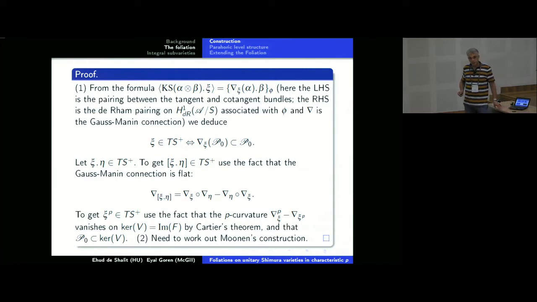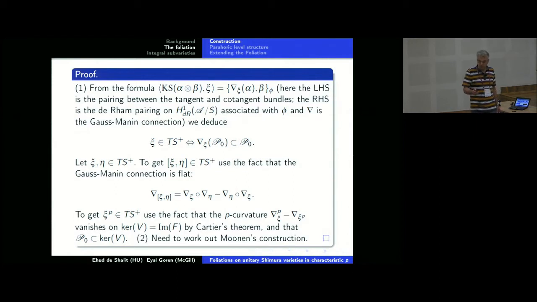And being closed under the p-th power operation is a little bit more subtle because you have to consider what's called the p-curvature of the connection. The p-curvature of the Gauss-Manin connection doesn't vanish, but luckily there's a theorem of Cartier that tells you that it does vanish on the kernel of V, which is what we want here, that's the P0, and from this you get the result.